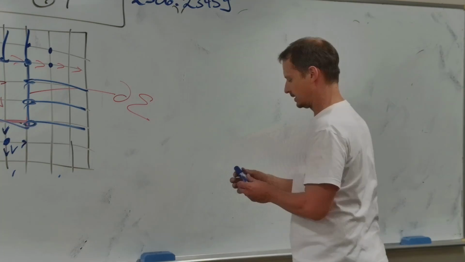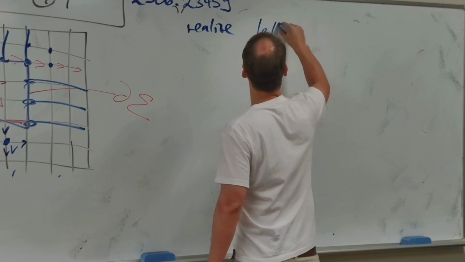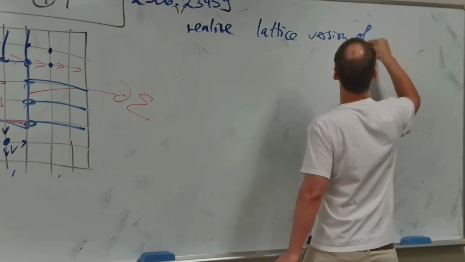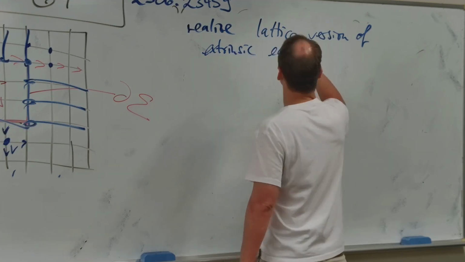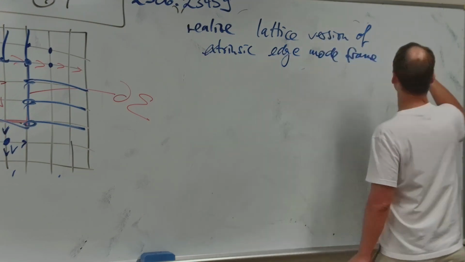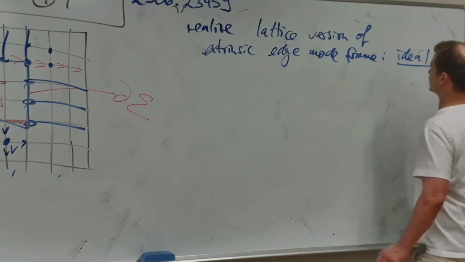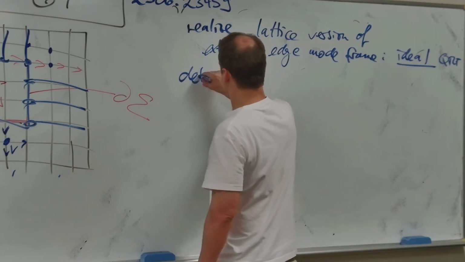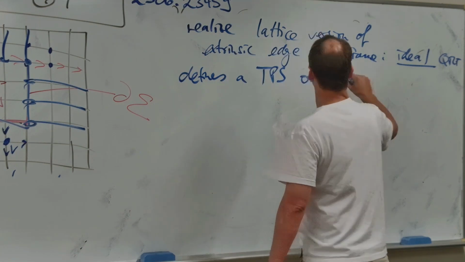But so then realize the lattice version of the extrinsic edge mode frame. The point is it's ideal. So that's really important. So it means that it defines a tensor product structure on H.